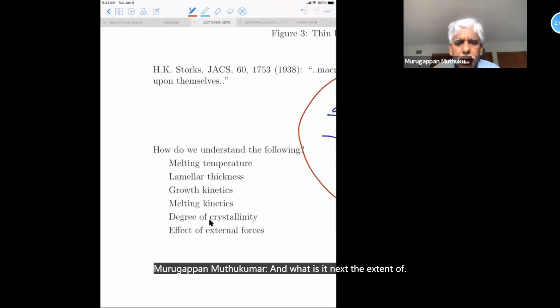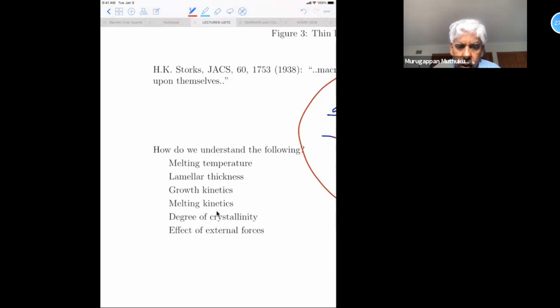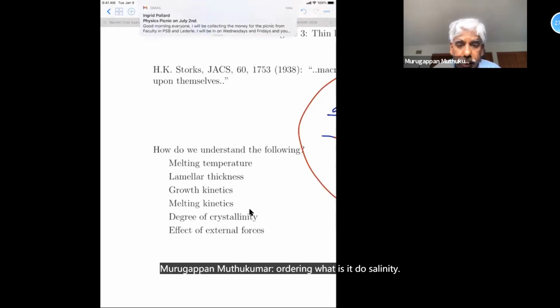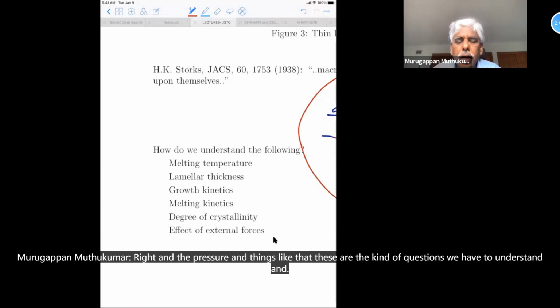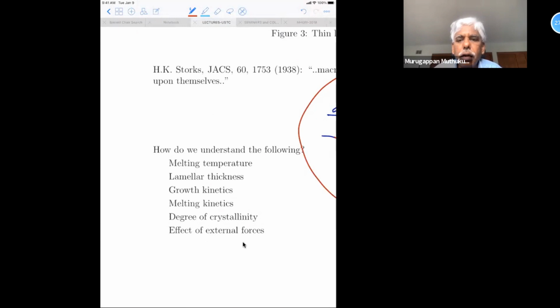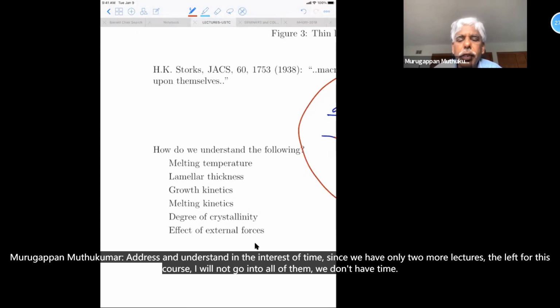And what is the extent of ordering? What is the degree of crystallinity? And as I pointed out before, what is the role of external forces like a flow field, right? And the pressure and things like that. These are the kind of questions we have to understand and address.